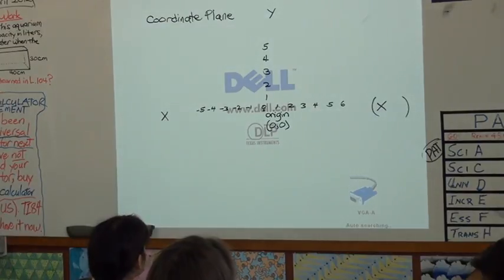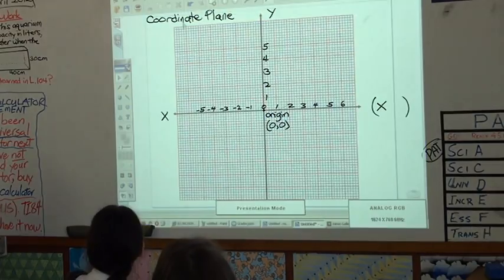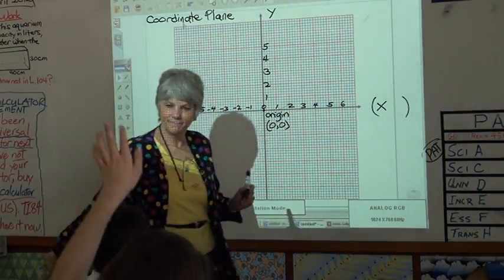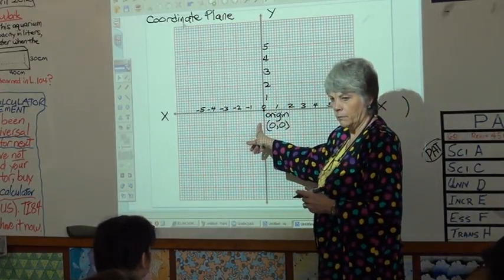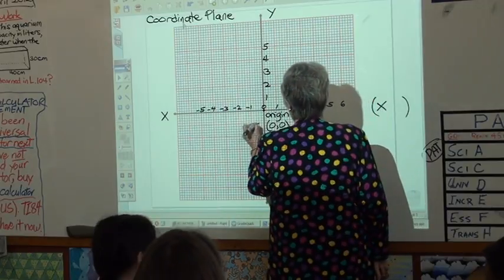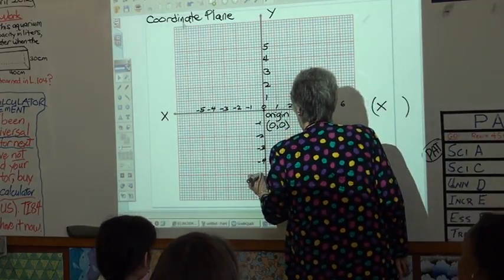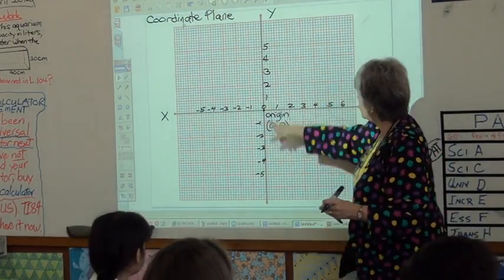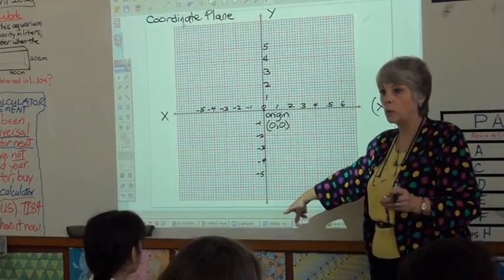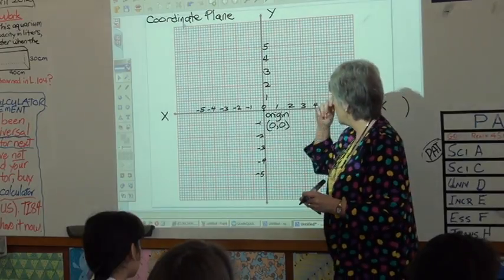Now, what about the negatives on the y-axis? Where are those? Tell me. They go down. So what's this one going to be? -1. Yeah, we say -1, -2, and so on. Very good. So you can see that this is kind of like a vertical number line, right? Where positive numbers from 0 go up, negatives go down.